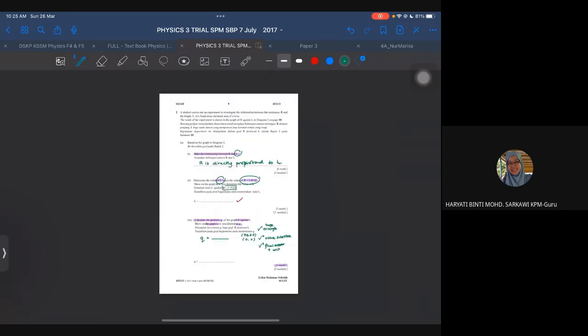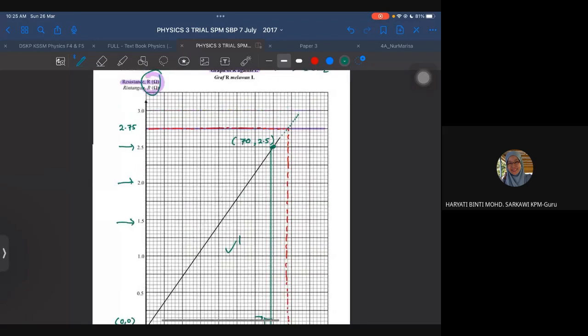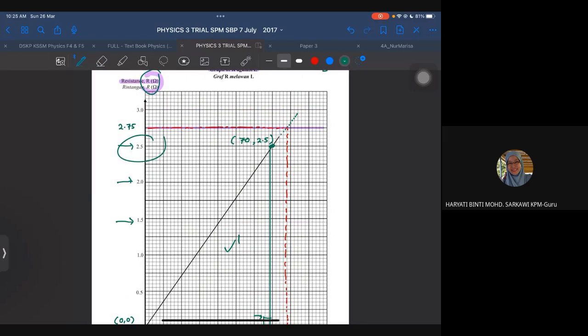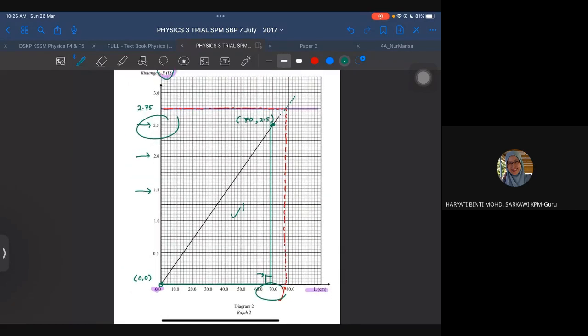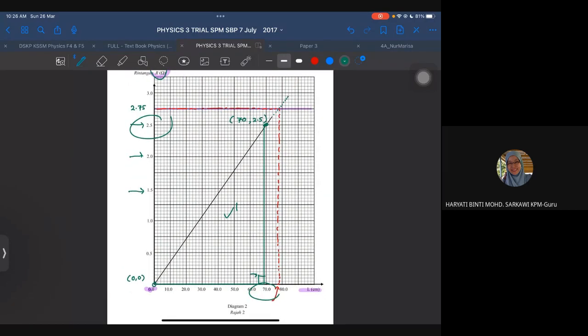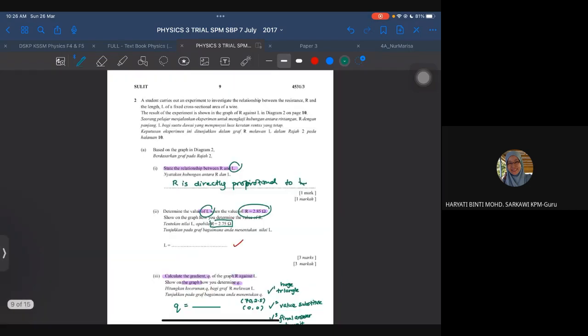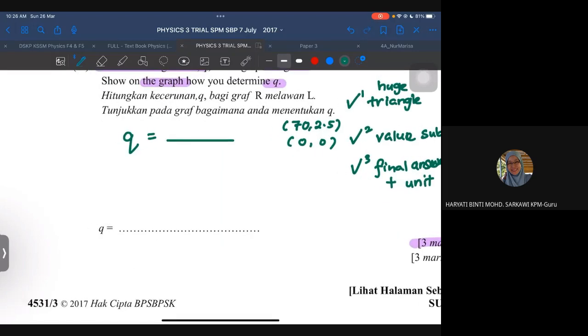Vertical axis is 2.5. Horizontal axis 70. So the gradient is, cikgu dah salin titik here. Sepatutnya apa? Should be correct or not if I write like this?